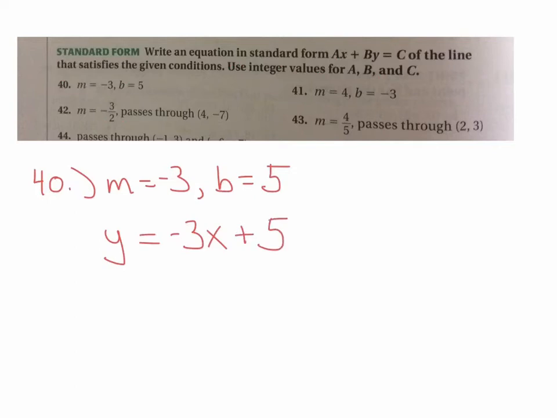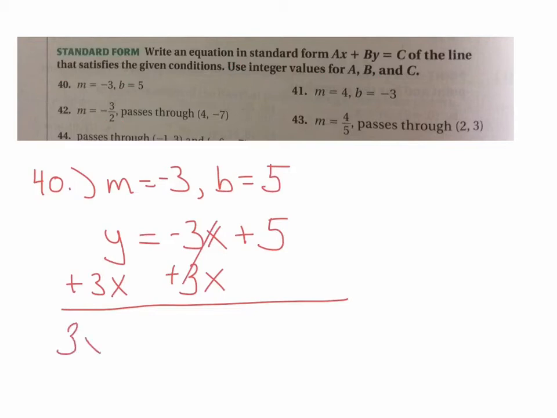And then I can convert it to standard form just by moving that 3x to the other side. So what I get is 3x plus 1y equals 5, which is the form they wanted it in. So I see my A value is 3, my B value is 1, my C value is 5.